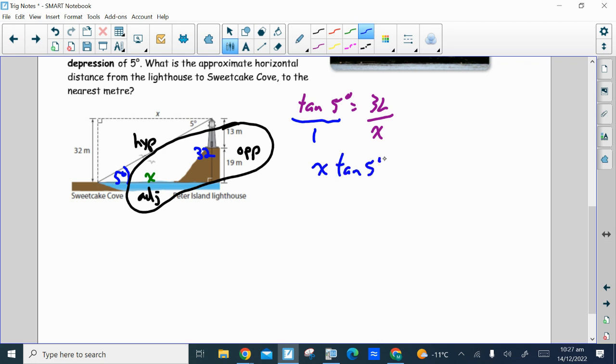The x is multiplied by the tangent of 5 degrees, and on the other side, it's 1 times 32. When we cross multiply, we don't have x by itself, so in this case, we've got that one extra step to do. We're going to divide both sides by the tangent of 5 degrees to get x by itself.